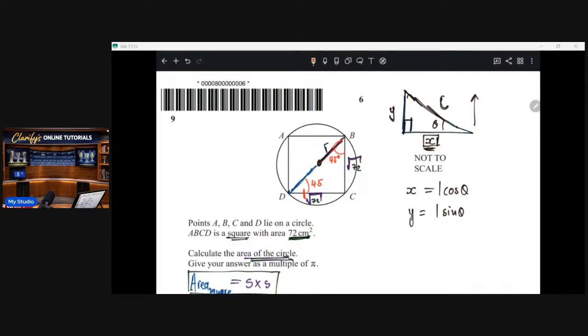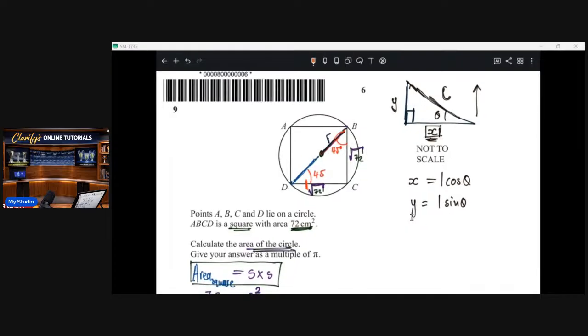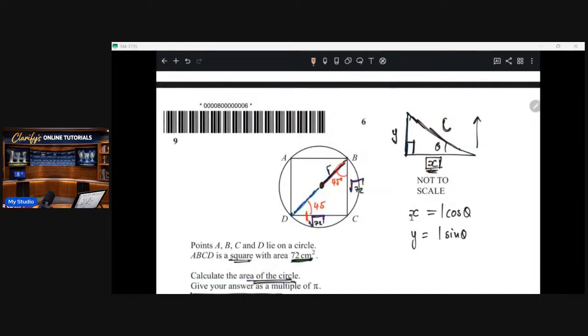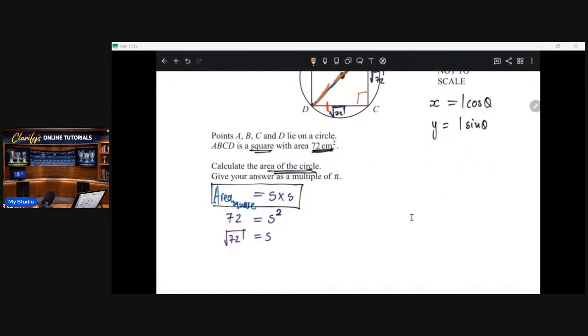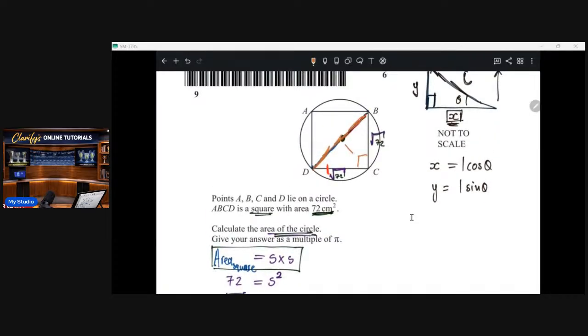So anyway, we have found this diagonal, from this side to this side. Let's say we calculate it by Pythagoras theorem. I can remove this 45. Let's say we have found this to be root 72. So well done, you have found the side.